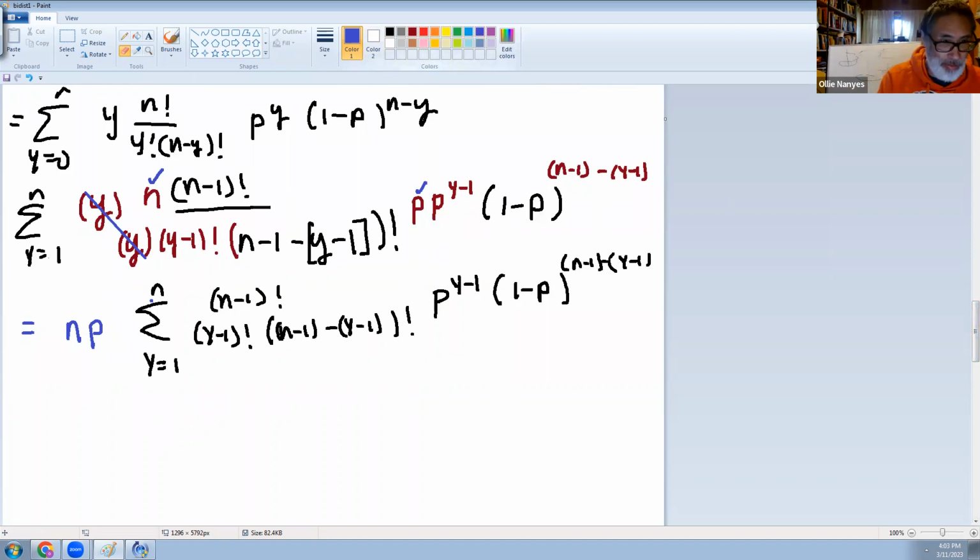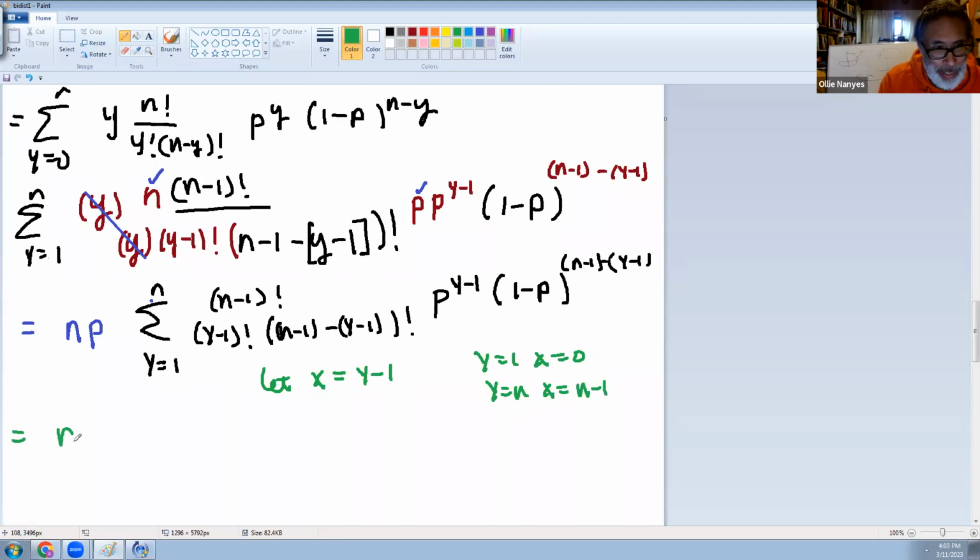Now, what I'm going to do next, I might do this in green here, is I'm going to let x equal y minus 1. Now, why does that work? Well, if y is 1, x is 0. And if y is n, x is n minus 1.